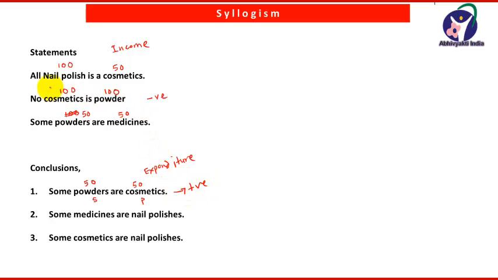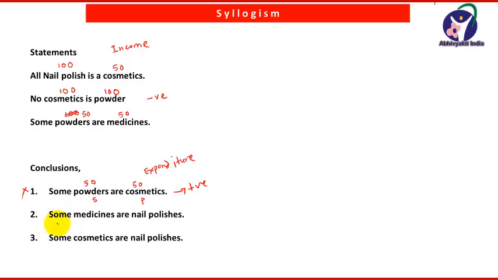When the statement is negative, we do not get a positive conclusion from it, and therefore this first conclusion will not follow. So there is no need to check all these numbers as far as the first conclusion is concerned.